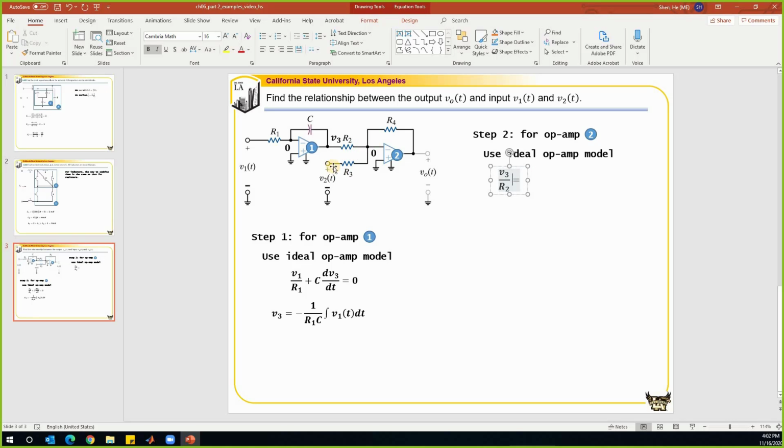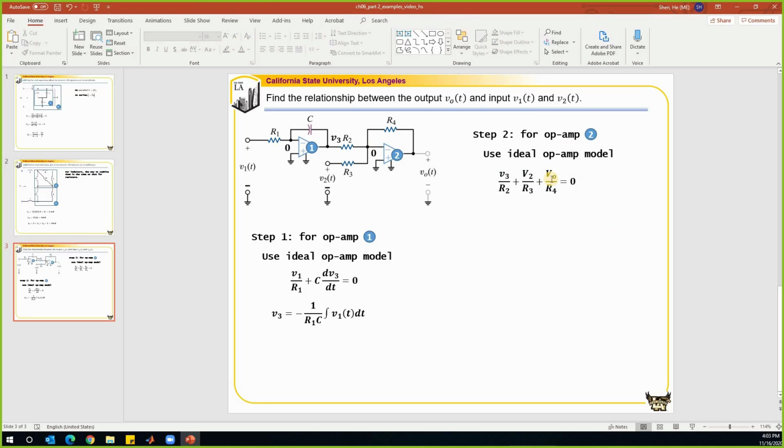The current going into this node from the second branch over here is V2 minus 0 divided by R3, so V2 divided by R3. And the current going into this node from this branch is equal to VO minus 0 divided by R4. The summation of these 3 currents is equal to the current leaving this node, which is I minus, which is equal to 0.